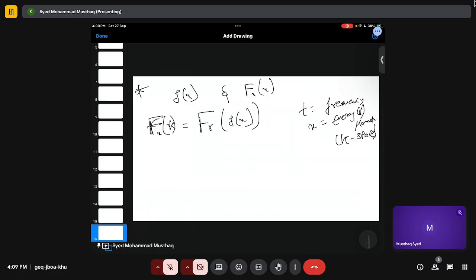As I have defined before, psi of x will be equal to root of 2 by L times sin(n pi x). If I do the Fourier transform of this, then I will get the momentum operator.